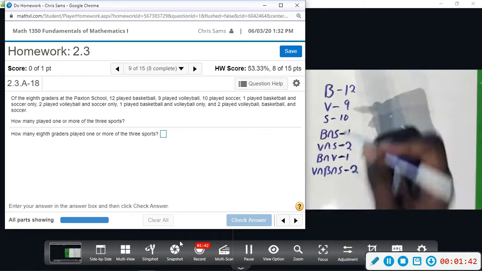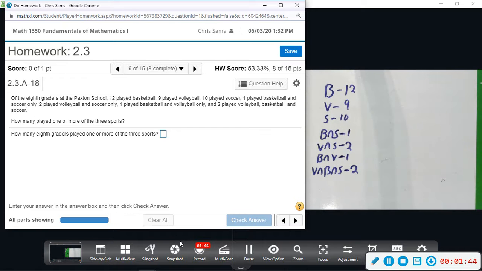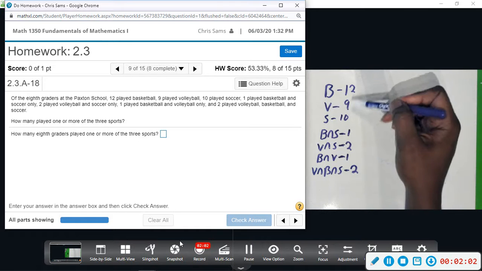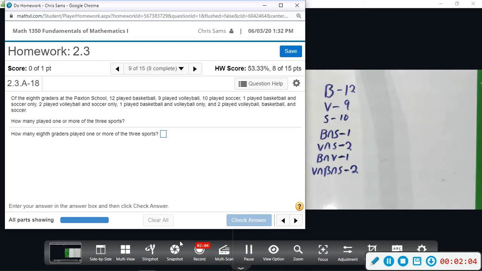Now, normally when you do these problems, they'll tell you a total, like how many students there are altogether. They didn't do that, so you may be tempted to answer this question because it wants to know how many played one sport. So you might be tempted to just add these 3. It's going to be incorrect.